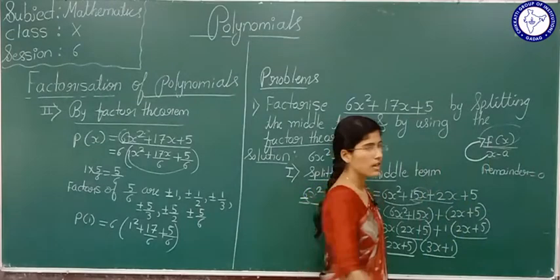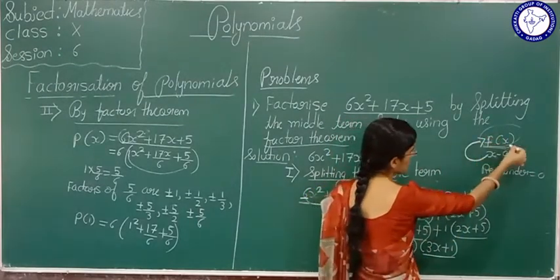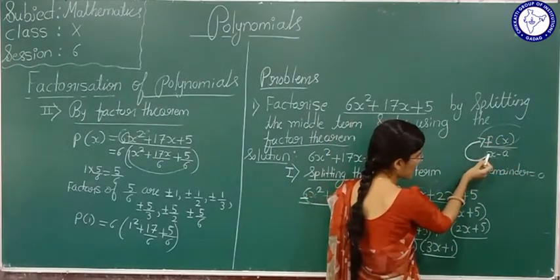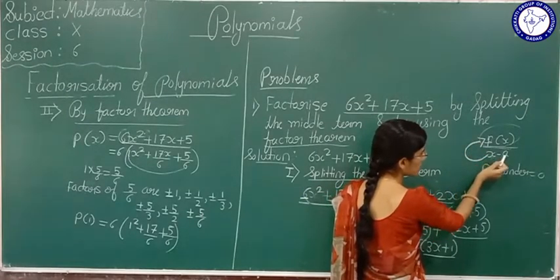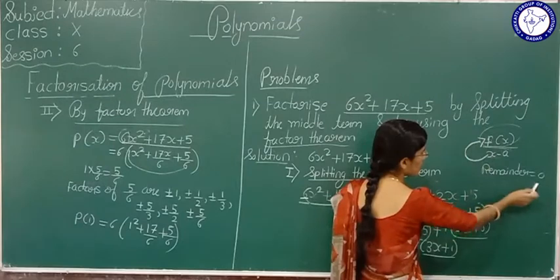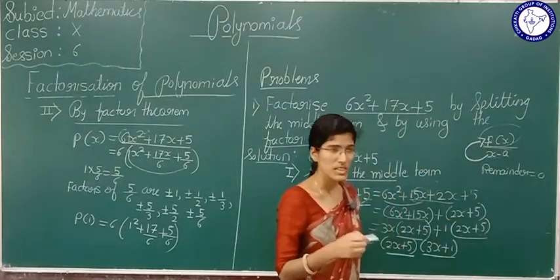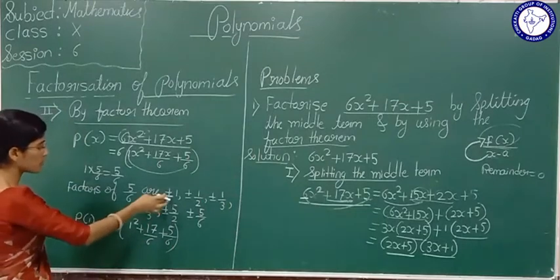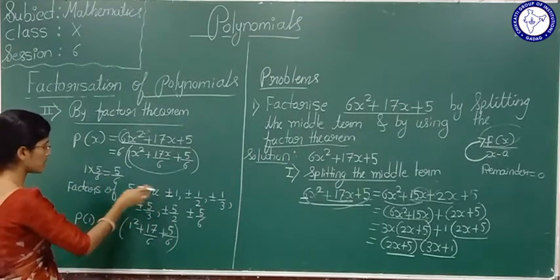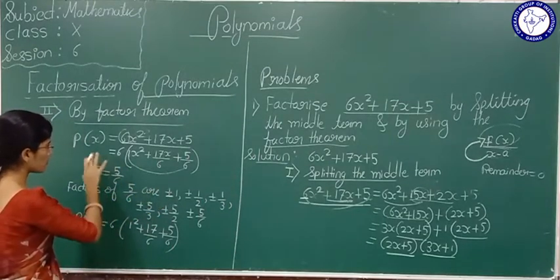Yes or no? F of x is a given polynomial, it's divided by x minus a. I am telling here x minus a is a factor of f of x. When you are going to tell x minus a is a factor of f of x, then the remainder is going to be 0. The same thing I am telling you. See, here go on putting by trial method, plus 1 you put here.